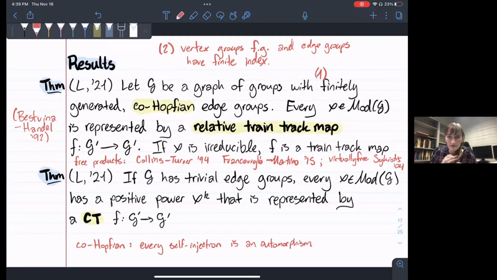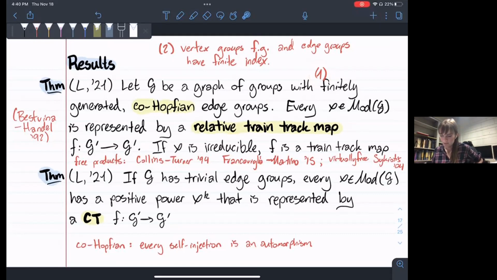The trivial group is co-Hopfian. And so one way of thinking about this first condition is that you're generalizing your edge groups being trivial to your edge groups being co-Hopfian. The second condition is really cooked up to capture generalized Baumslag-Solitar groups. In the second condition, if your vertex groups are trivial, then certainly your edge groups have finite index. So having your vertex groups be non-trivial but your edge groups still having finite index is a generalization of being trivial, in that way.